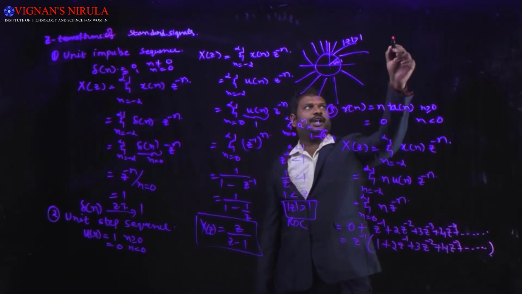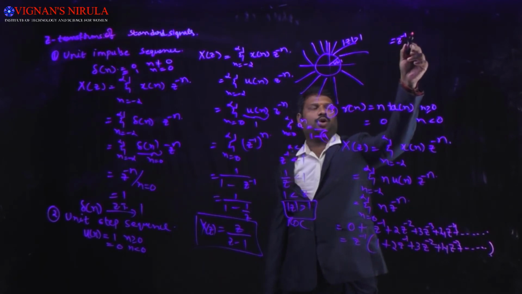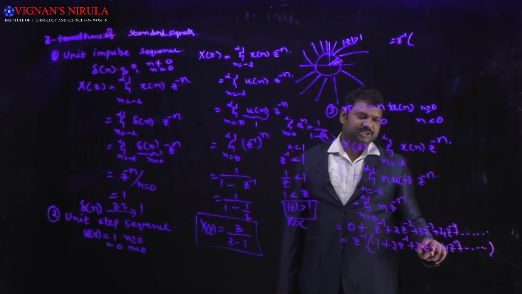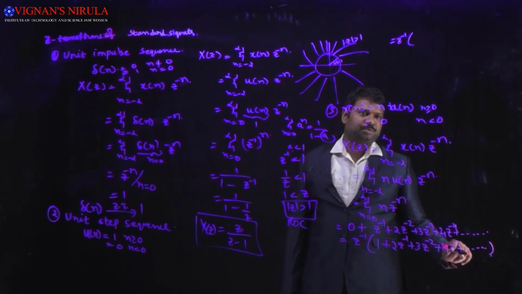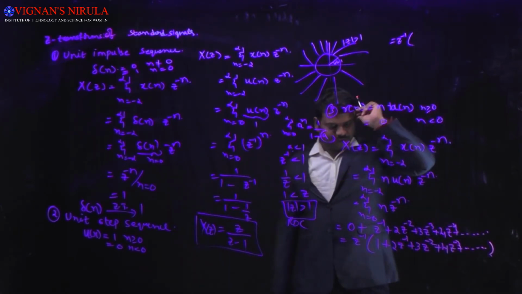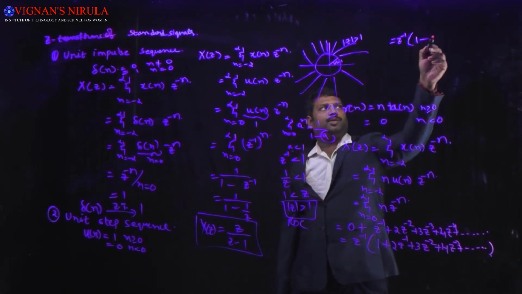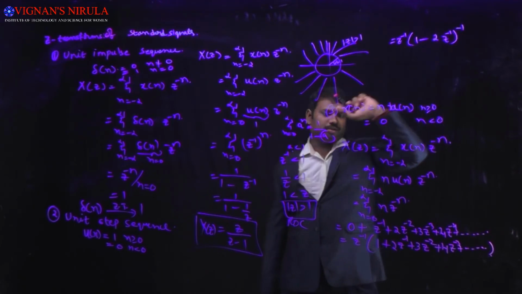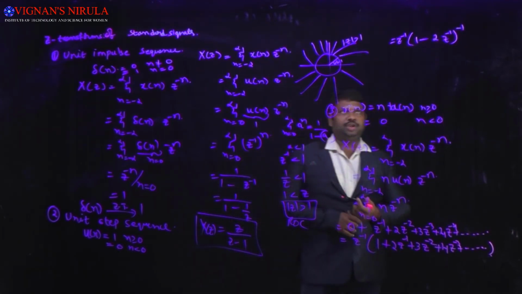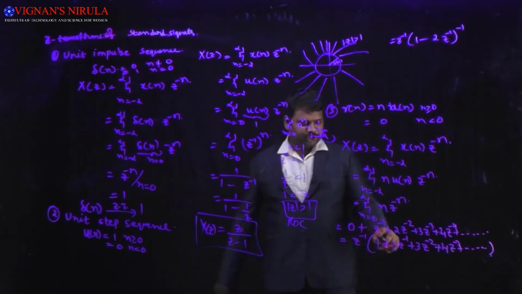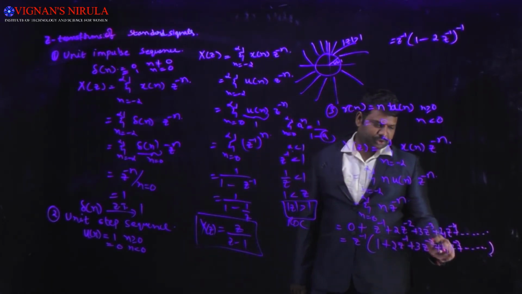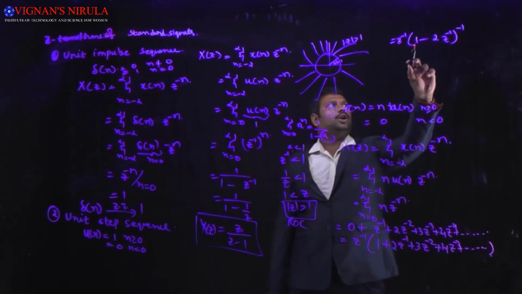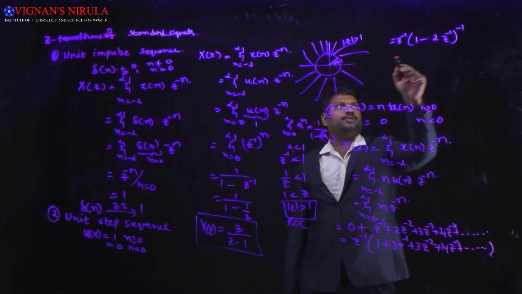Therefore, we take z inverse as common: z inverse times 1 plus 2 z inverse plus 3 z power minus 2 plus 4 z power minus 3. According to our series, this 1 plus 2 z inverse plus 3 z power minus 2 plus 4 z power minus 3 plus and so on will be written as 1 minus z inverse whole power minus 2.